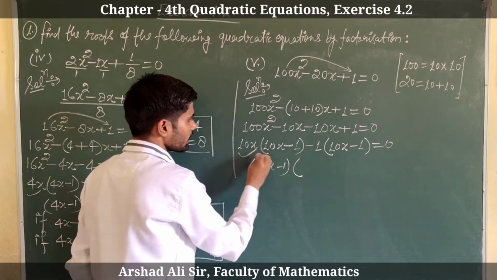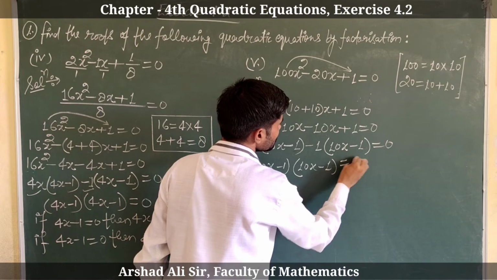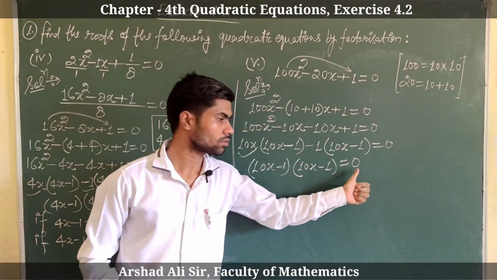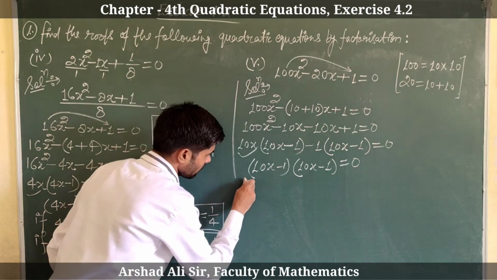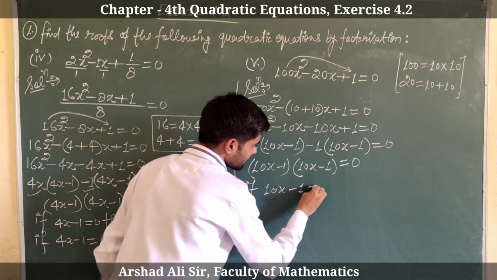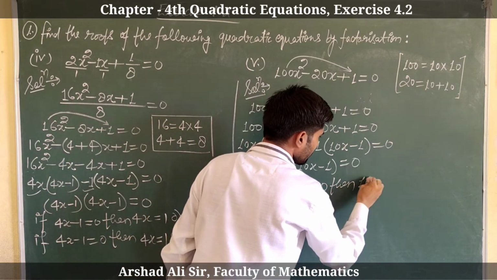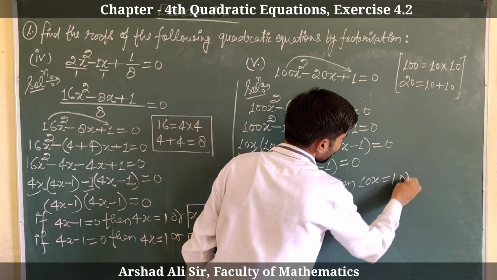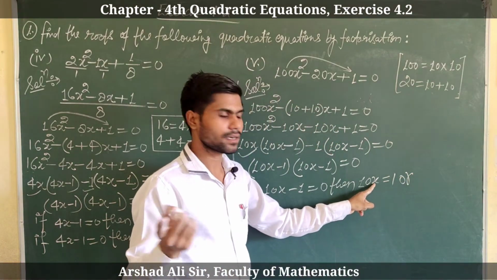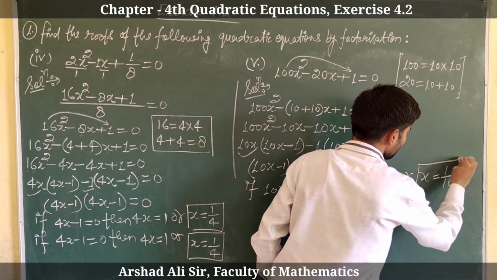Now here (10x minus 1) squared is equal to 0, means we get two linear factors equal to 0. If 10x minus 1 is equal to 0, then we can write 10x is equal to 1, or 10 is in multiplication on left side, this will be in division on right side, means x is equal to 1 upon 10.